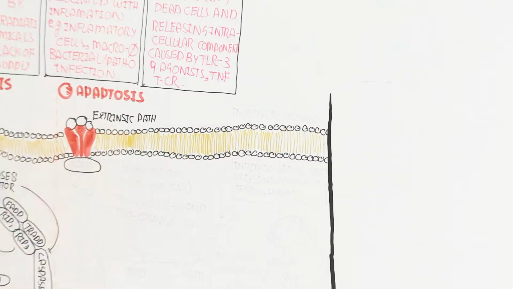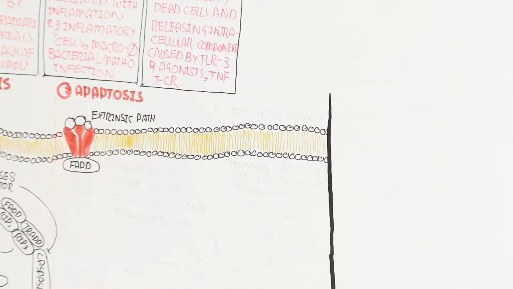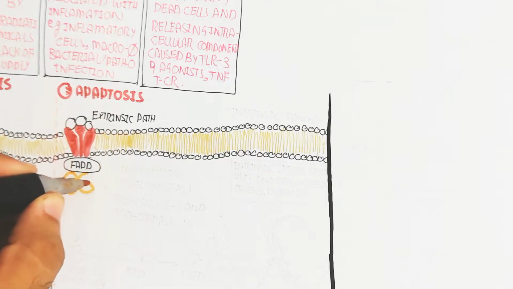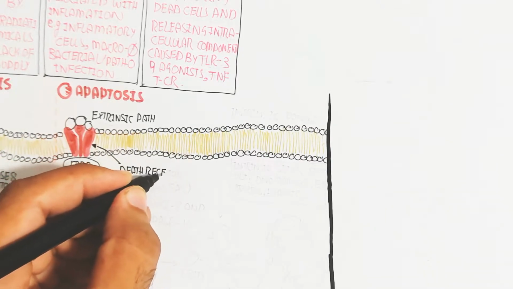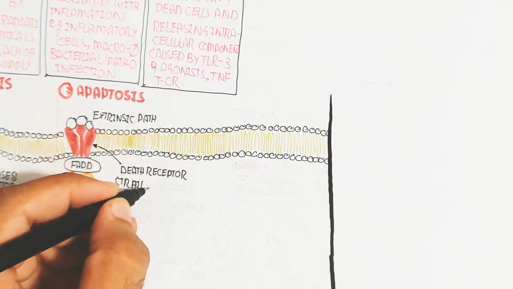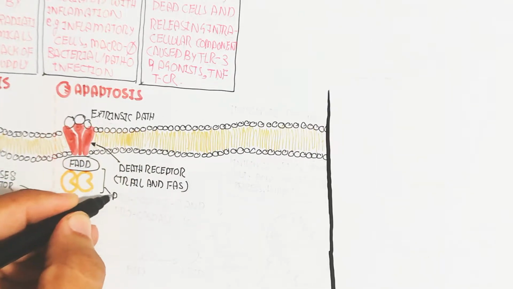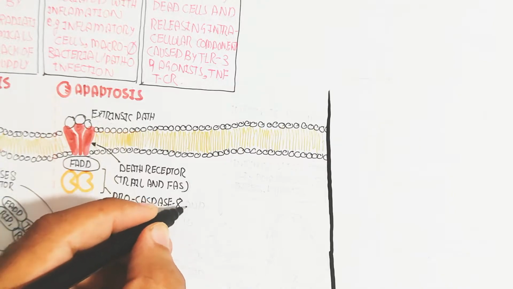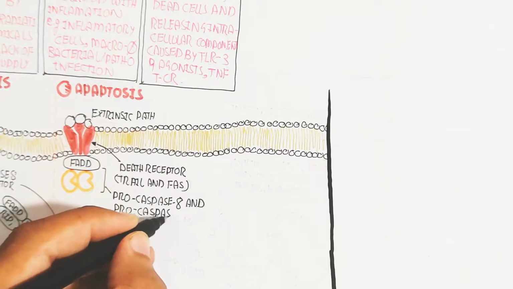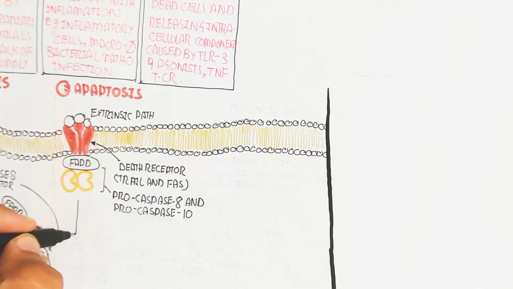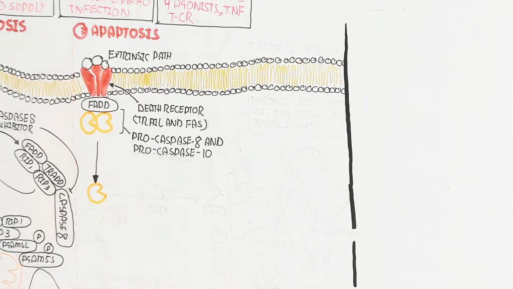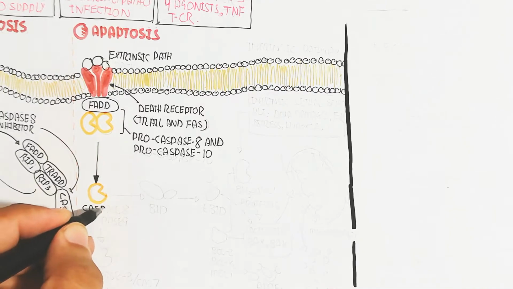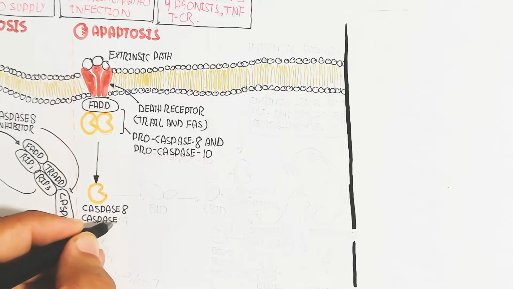After this comes apoptosis. Let's understand the extrinsic pathway first, and we will discuss the intrinsic pathway next. The FAS ligand will combine with the death receptor, the TRAIL and FAS receptor. When they bind, procaspase 8 and procaspase 10 are activated to caspase 8 and 10, and Bid is activated.